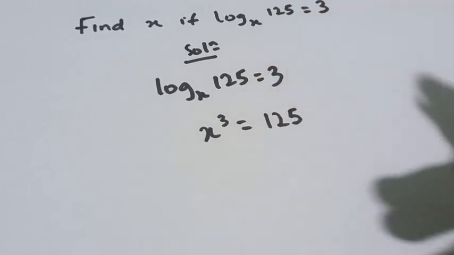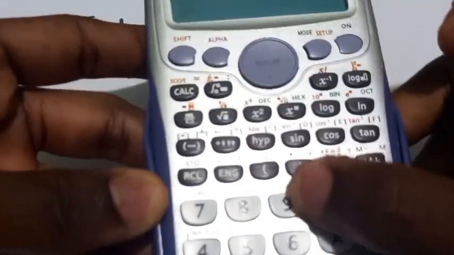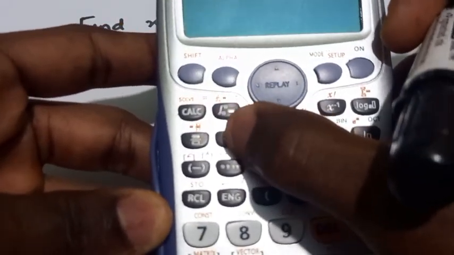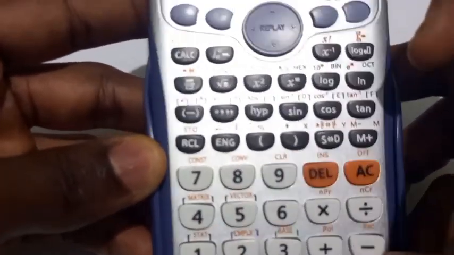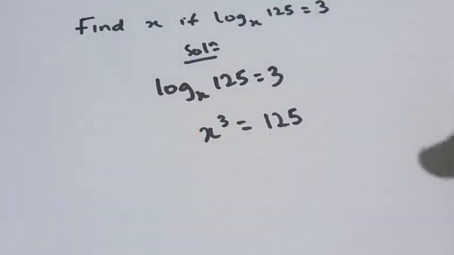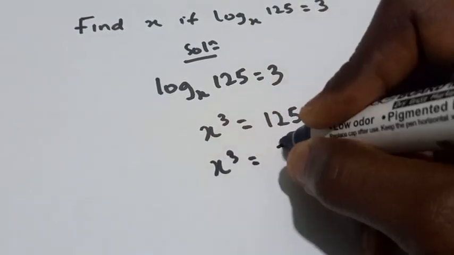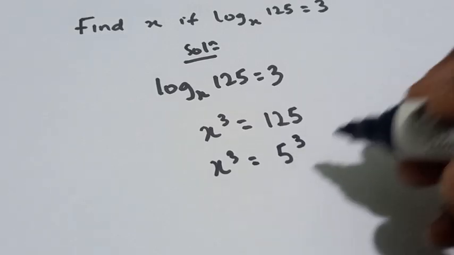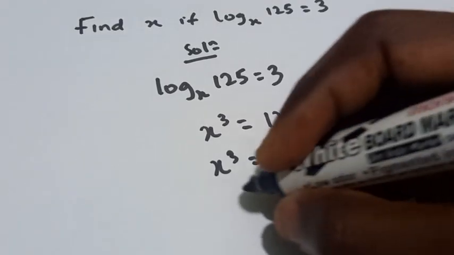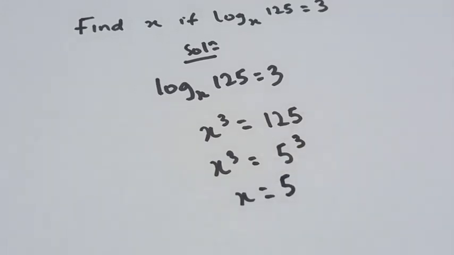We pick our calculator, punch in shift with the square root sign, and punch in 1, 2, 5. And what do we have? 5. So x to the power 3 is equal to 5 exponent 3. Once the exponents are the same, the bases are the same, so x is equal to 5. So we've been able to solve the first example.